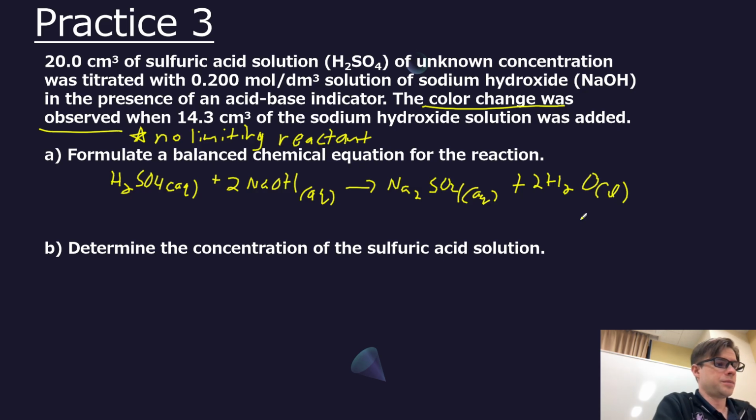All right, part B then, determine the concentration of the sulfuric acid solution. Remember at the beginning it said it's unknown. So what we want to do is find out how many moles of sodium hydroxide was required to complete this reaction, and we can do that fairly easily. Moles of NaOH is equal to C times V. Just choose the right values.